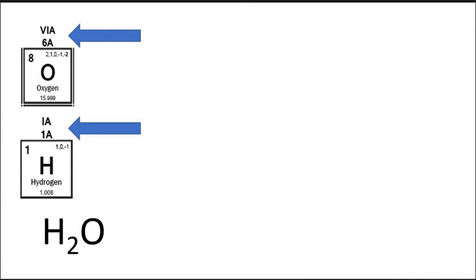So, one of the hints, if you usually have multiple of something, like in this case hydrogen, and a single of something, in this case oxygen, generally start with the oxygen.